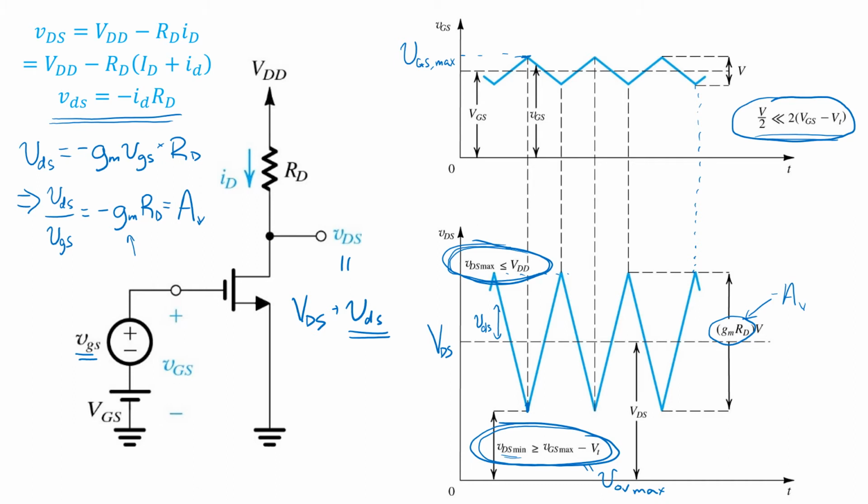Two of them are basically just assumptions to ensure that the transistor remains in the operating mode we assume, saturation. And this assumption here is our small signal assumption. It's basically required to ensure that a linear approximation to the nonlinear IV characteristic is fairly accurate.